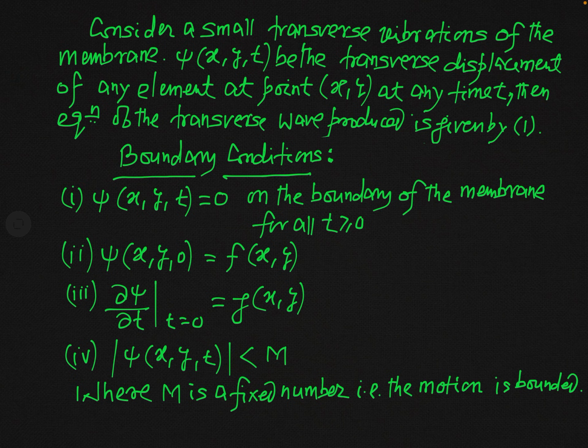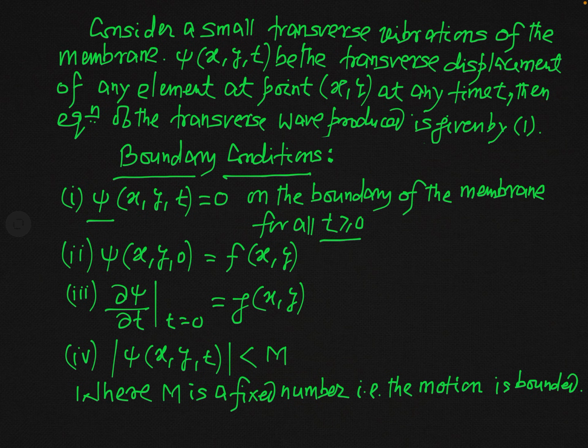The first condition is psi of x, y, t is equal to 0 on the boundary of the membrane for all t greater than or equal to 0. As I have told you earlier, our membrane is rigidly fixed at its boundary, so no segment of the boundary will ever get displaced, and since in this case the wave function psi represents the displacement of an element of the membrane, this displacement is 0 at all points on the boundary and at all times.